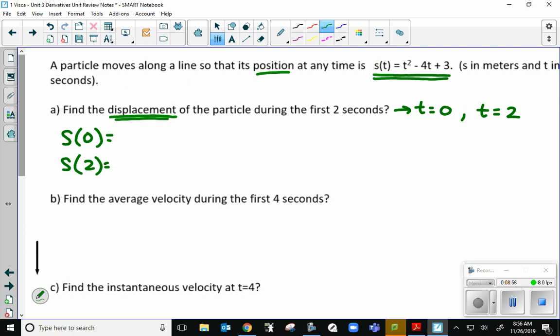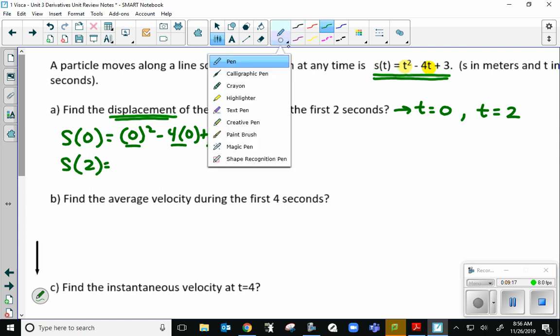Okay? So s of 0, that means I am going to throw a 0 into each t I have here. So I'm going to end up with 0 squared minus 4 times 0 plus 3. That gives me 3, because 0 minus 0 is 0, plus 3 is 3.